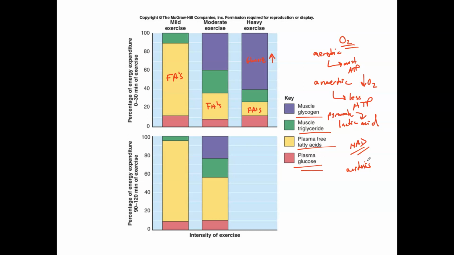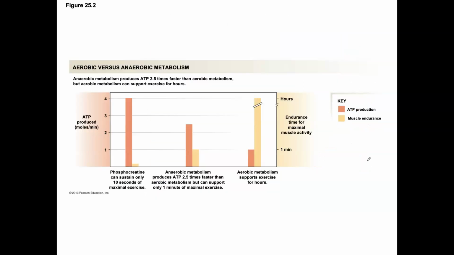So a summary of what's going on during ATP utilization in skeletal musculature might look something like this. So muscle tissue relies on stored ATP and phosphocreatine for short duration muscle activity. So when we talk about stored ATP and the phosphocreatine pathway, although you can make ATP rapidly, so this diagram shows ATP produced in moles per minute.